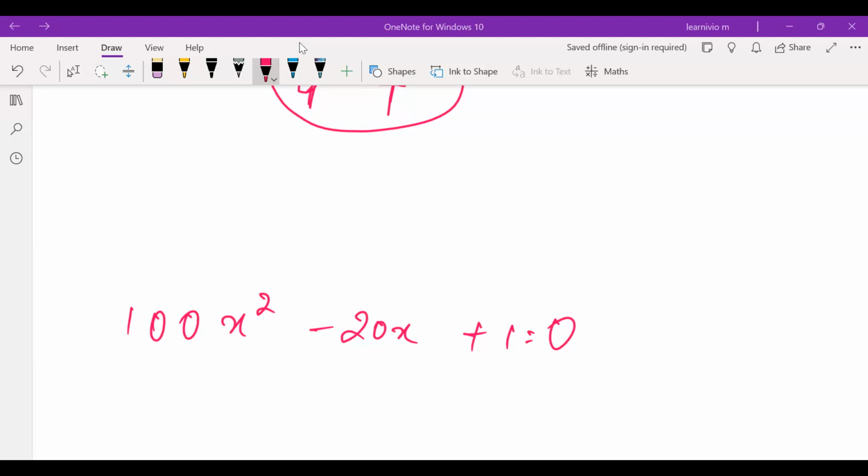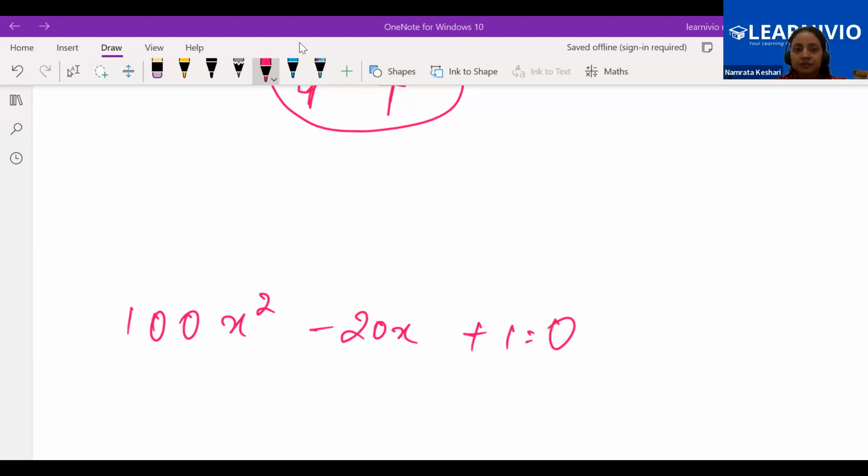I found the zeros. Okay, what did you get, Zoha?